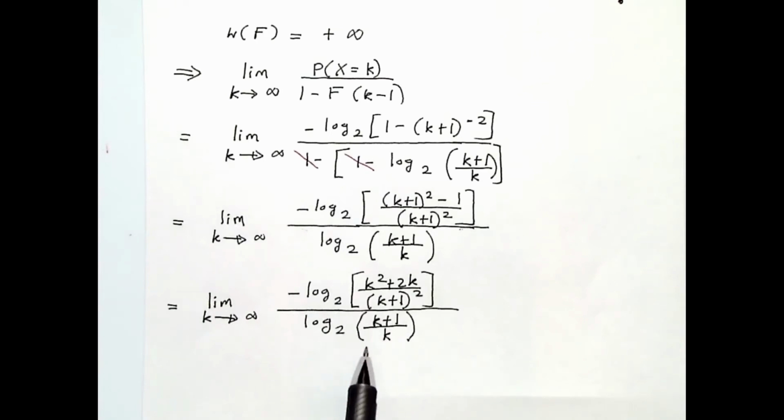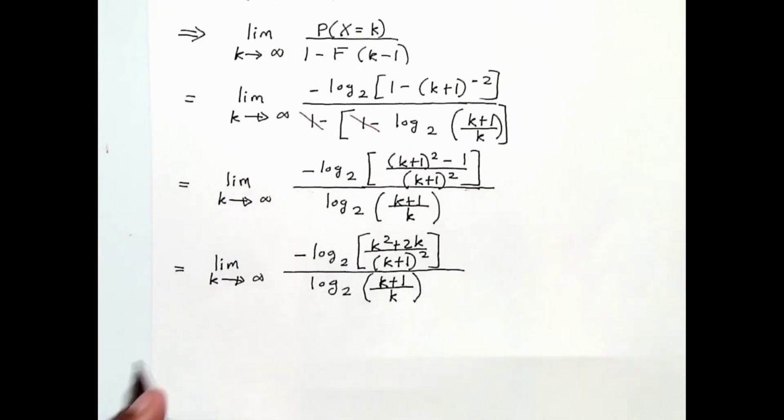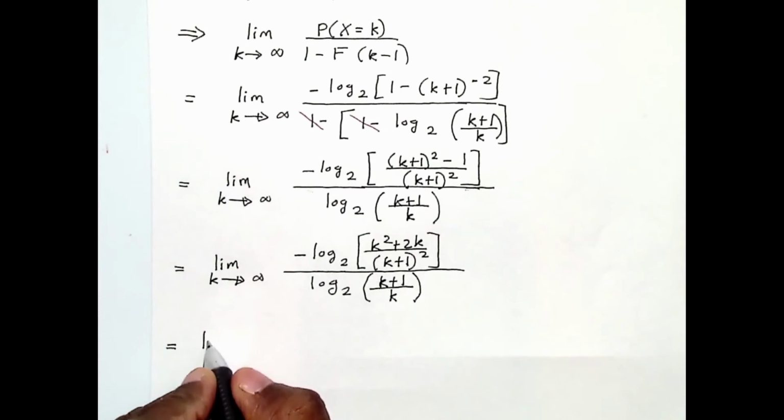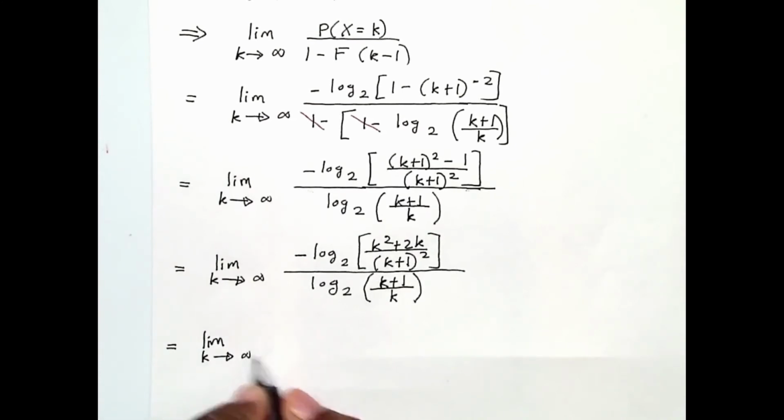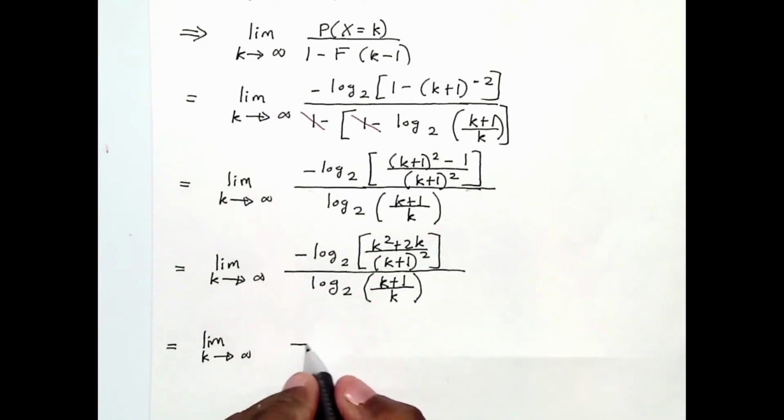Now what comes to your mind when you have 0 divided by 0 is the use of L'Hopital's rule. So that's what I'm going to do. But before I use L'Hopital's rule, let me rewrite this as follows.